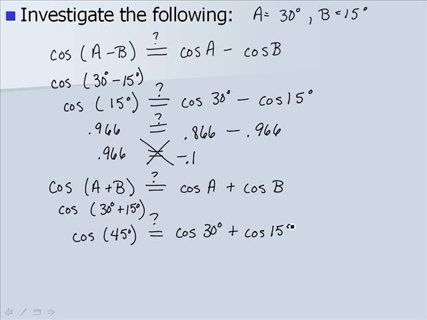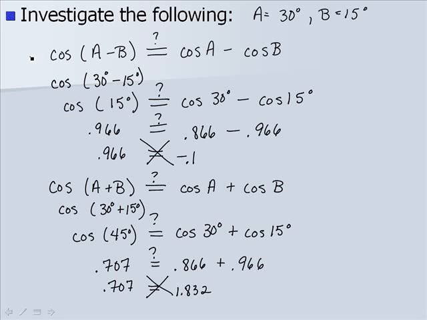Now when we evaluate the cosine of 45 degrees on our calculator, we'll get about 0.707. And we want to see, is that equal to 0.866 plus 0.966? Well, when we add up that side, we'll see that we get a value of about 1.832, and that is not equal.